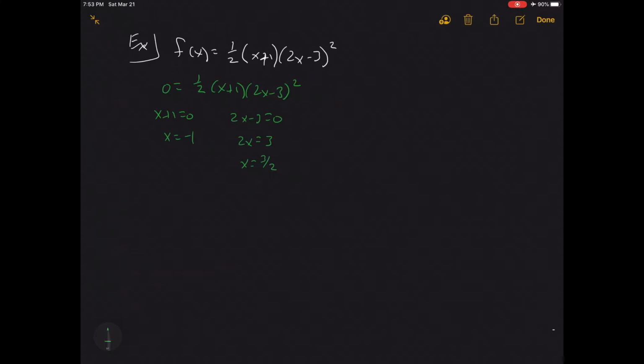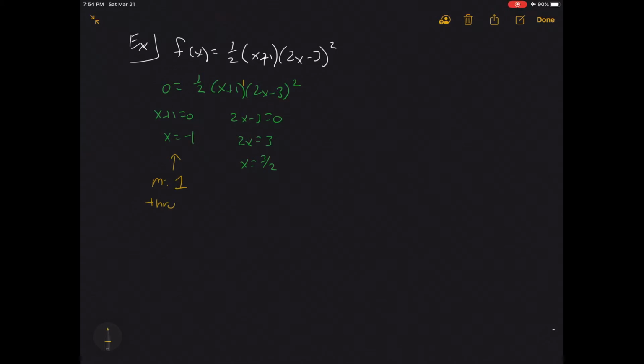Now in the first one, the exponent on the parentheses, well, there is no exponent written there, and we don't typically write it, but the exponent on that parentheses is a 1. You just don't typically write that. And because that's an odd exponent, this has a multiplicity of 1, which means it's going to go through the graph.